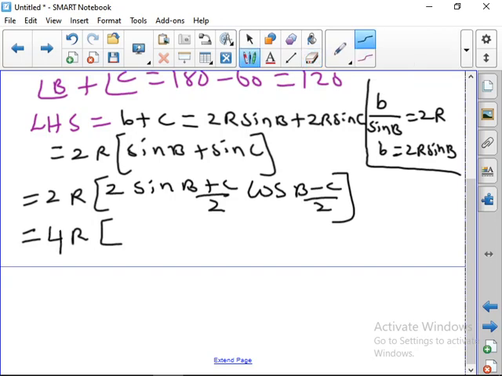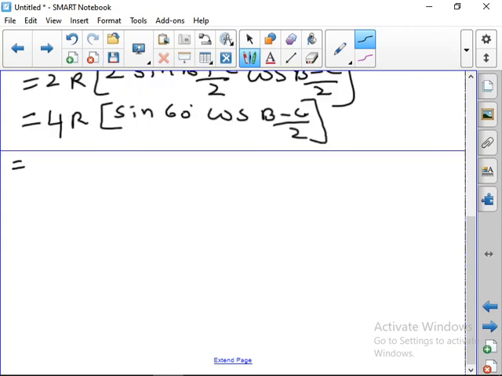So 4R into sine B plus C is 120, so 120 by 2 is what? 60. So sin 60 degree we have got, and cos B minus C by 2. Is it clear? So it is equal to 4R into sin 60 is root 3 by 2 into cos B minus C by 2. So keep this as it is.